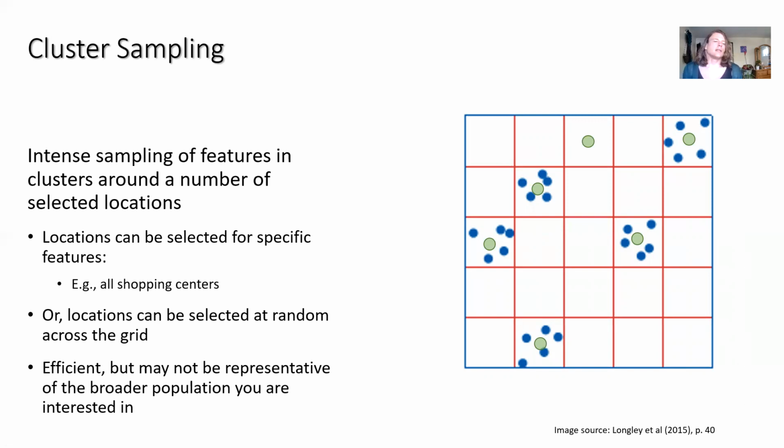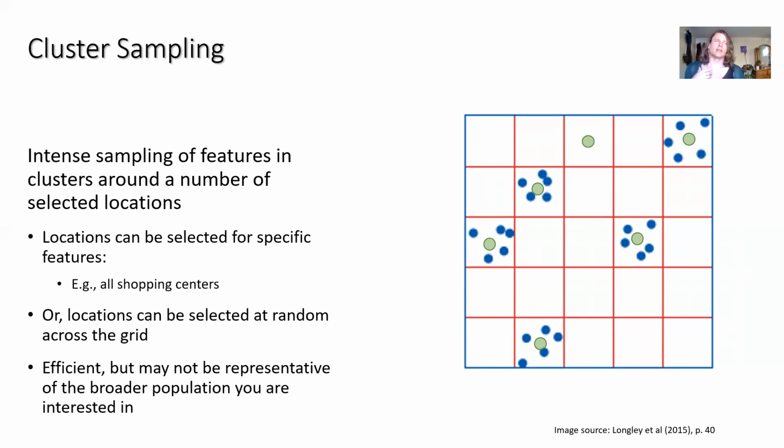Another option is to select the cluster locations at random and then intensively sample those clusters. So this could be beneficial if you're trying to do a vegetation survey, for instance. You have a large area and you randomly define vegetation plots, and then you take samples within those vegetation plots.